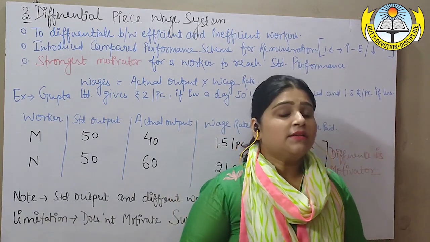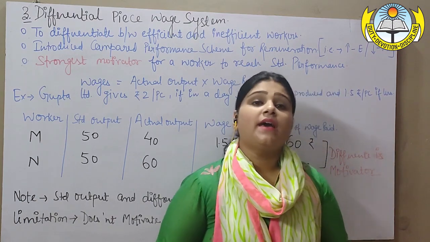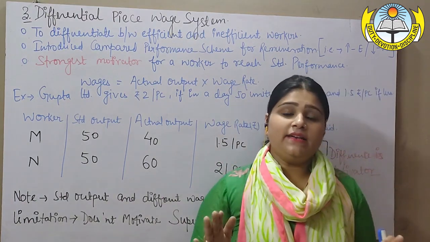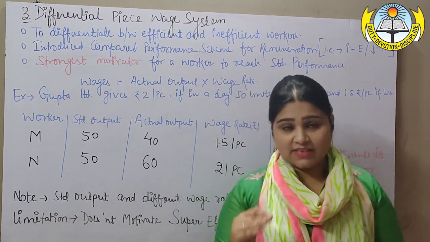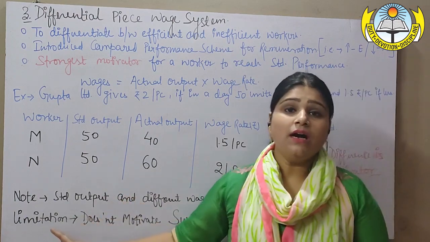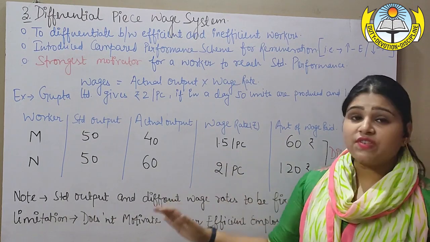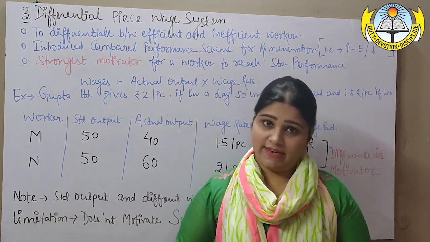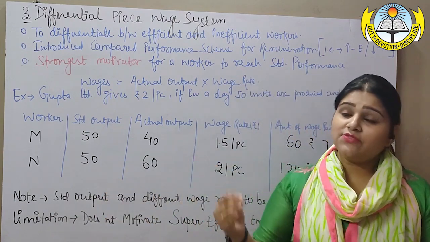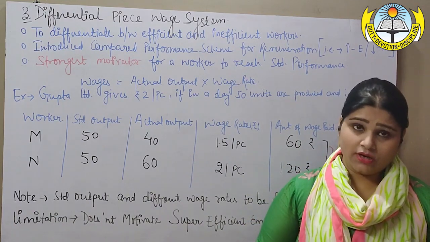Under this technique, Taylor differentiated between efficient and inefficient employees. Taylor suggested that we divide the work by following the technique of standardization, that is, fix a standard output to be produced. Also, he said to set up two different wage rates. One is for achieving the standard and the other is for not achieving the standard, which means there are two kinds of employees in an organization.